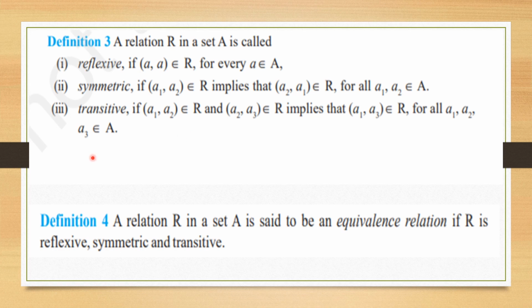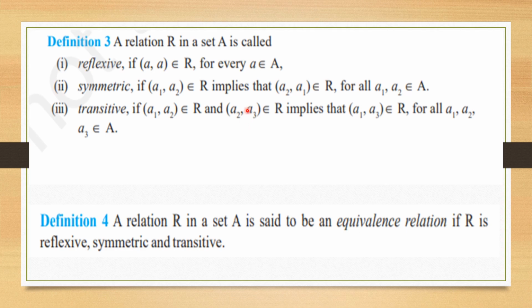One good condition for a transitive relation is that you should get two ordered pairs. If you don't get two ordered pairs, then this condition is not established, so if these two conditions are not there, the relation is taken to be transitive.